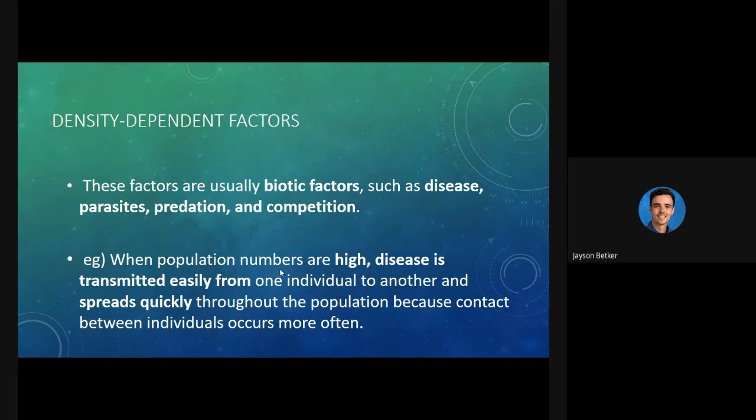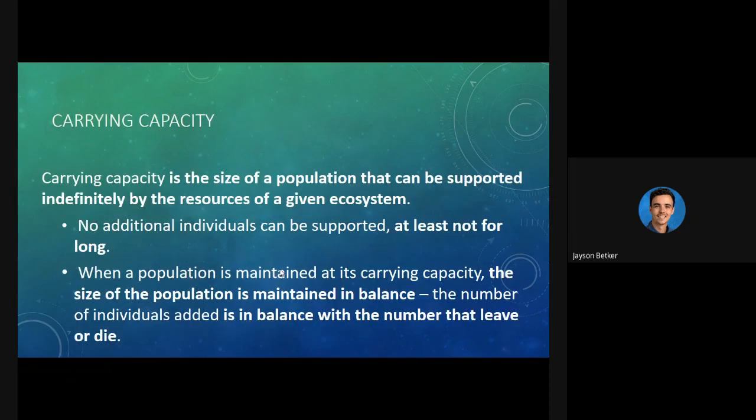Now, what these density independent and density dependent factors do, these limiting factors that don't let us have exponential growth, is they actually end up forcing the population to reach something called a carrying capacity. This is the size of the population that can be supported indefinitely, for as long as we need it to, by the resources in a given ecosystem.